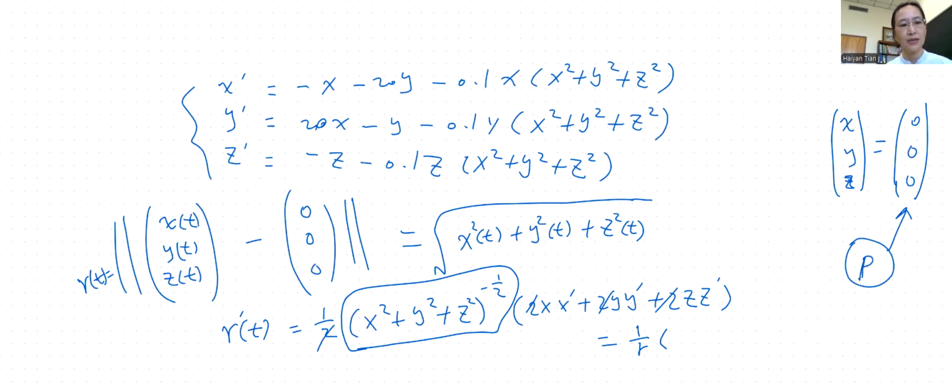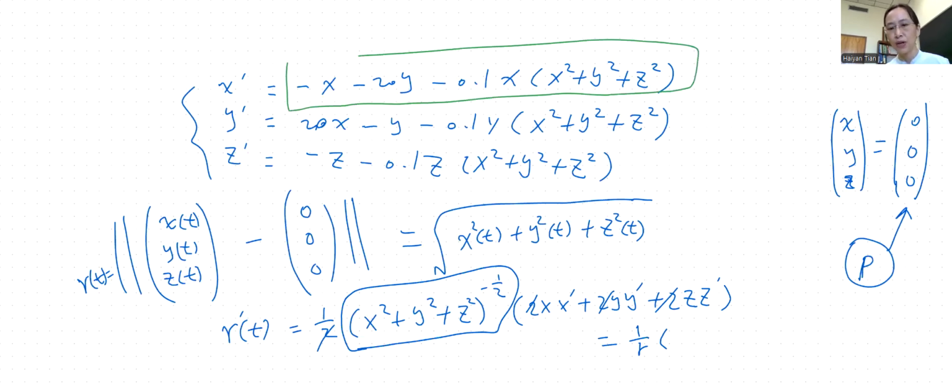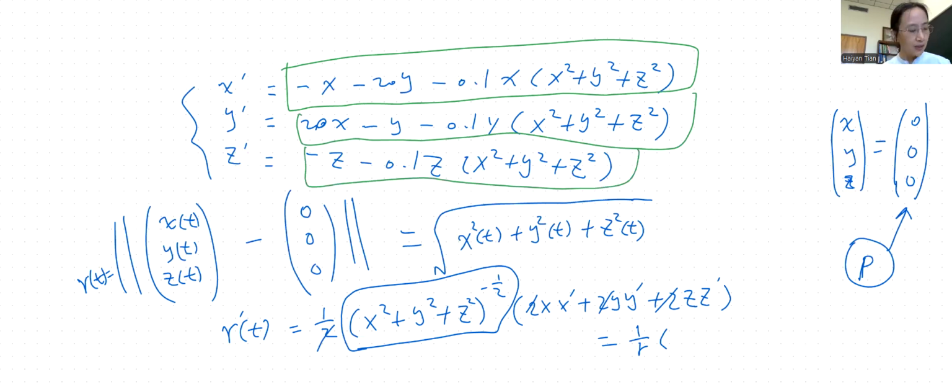Notice in the equations, we can replace all the derivatives, and eventually we can write this part in terms of x, y, z only, with no more derivatives.